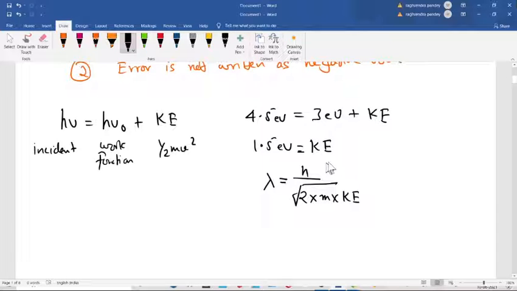Okay, this we have studied a lot. Now the next part wants us to find the error in the measurement of the wavelength. So first, if you know differentiation: what is the differential of x to the power minus 1?